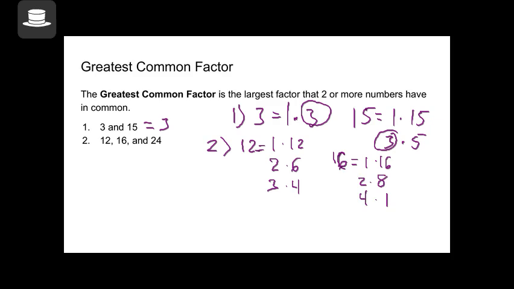And then for 24, I can say 1 times 24, 2 times 12, 3 times 8, and 4 times 6. And so I don't have to take them any farther. So if I look here, then my greatest common factor would be 4.